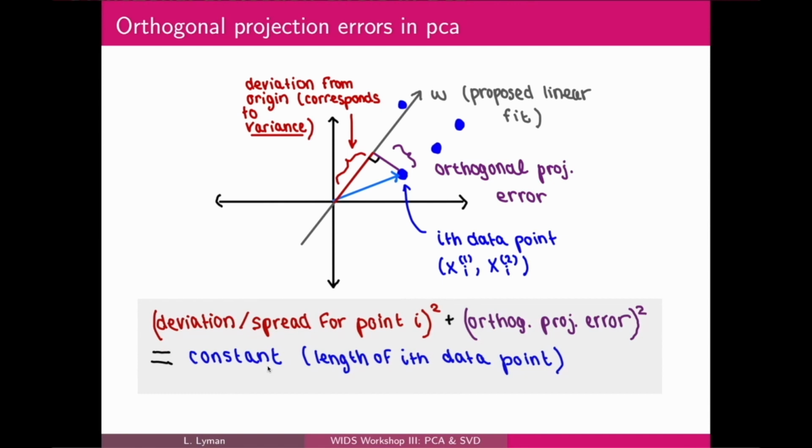Since variance will involve these red portions for every data point to be squared and summed, and similarly, the total sum of squared error residuals will involve all of these purple segments, we can see that maximizing the variance in our linear model overall becomes equivalent to minimizing these projection errors simultaneously.